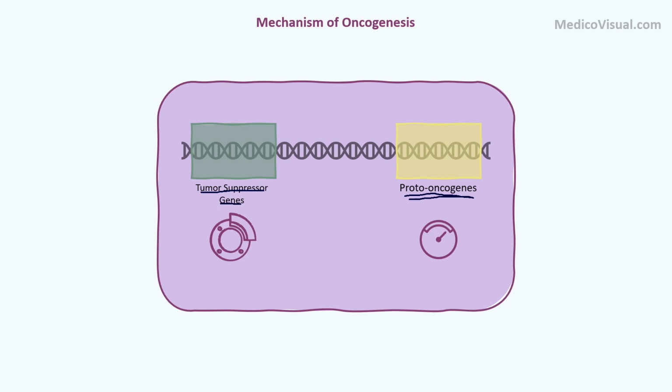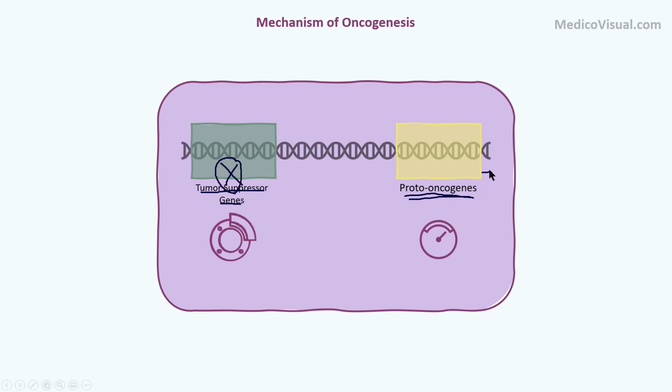When they are converted into oncogenes and start hyperfunctioning, it means that more and more growth signals are being transmitted, and the cell will undergo rapid and uncontrolled cell division, which will lead to development of such a cancerous mass. And along with that, there will be loss of function mutation in tumor suppressor genes.